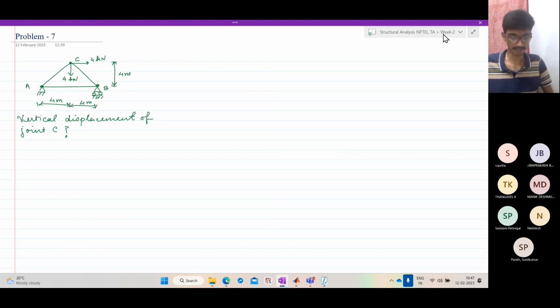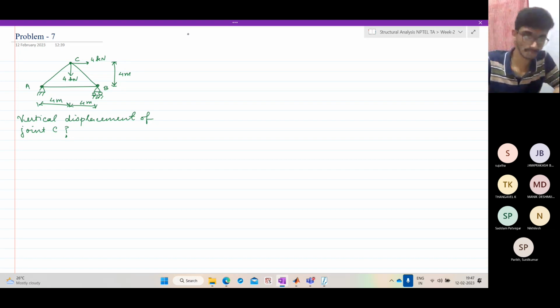So this is a smaller truss, so we can do it quickly. So again, let us start with it. Let us look at the real structure.